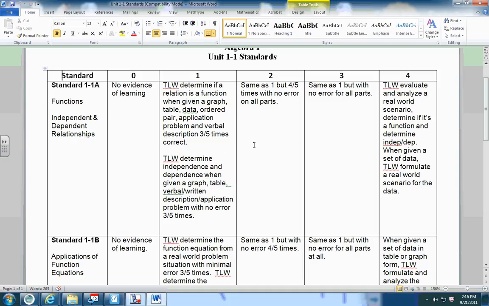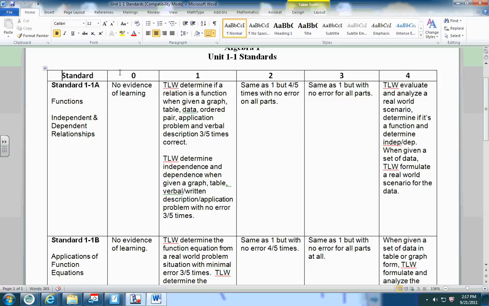In this one, they need to figure out an independent and dependent relationship 3 out of 5 times from a graph, table, ordered pair, or application problems, to get a 1.